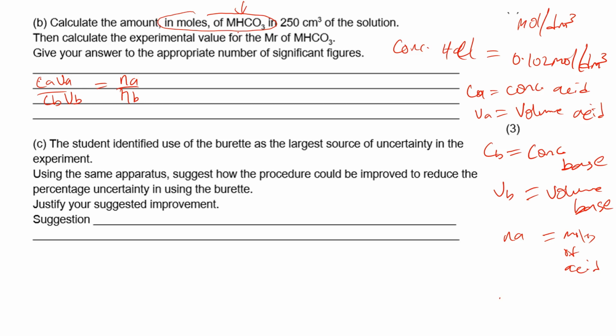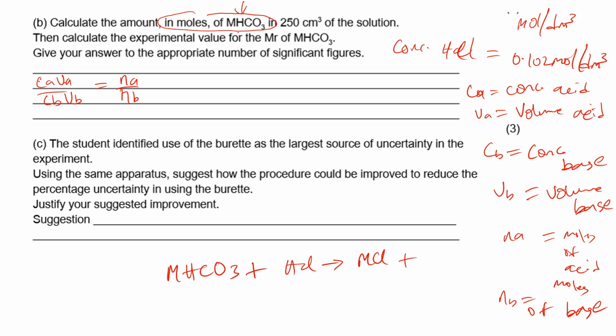While Nb means moles of base. Okay, now the moles I'm talking about here is moles from the equation. Now from the reaction between the acid and the base, MHCO3 plus HCl to give us MCl plus H2O plus CO2.